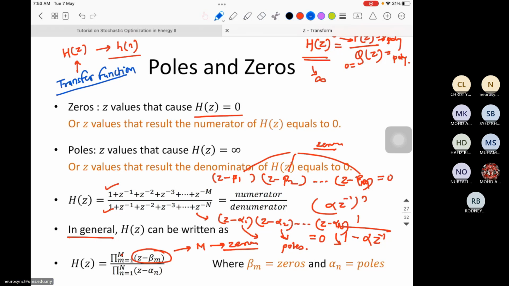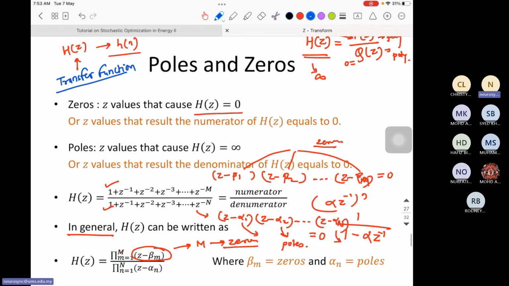This is the transfer function of the system. We say that the discrete-time linear time-invariant system is stable if the transfer function, that is H of z, has a region of convergence which includes the unit circle.